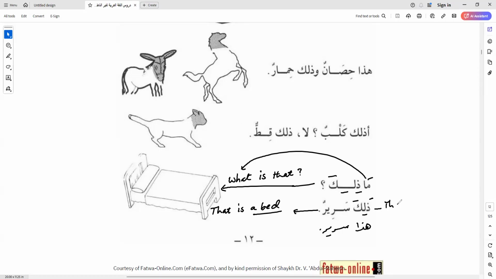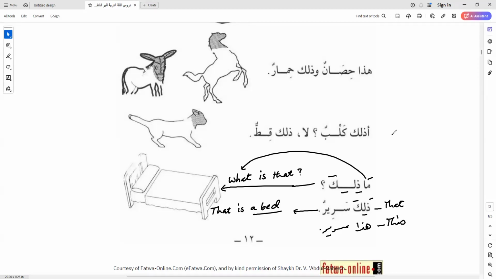Just as in English, we use that for objects, people, or anything that is far away from us. And then we use هذا or this in English for anything that is near. We say هذا. When it's far, we say ذلك.